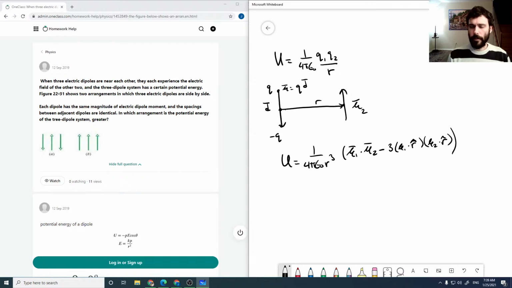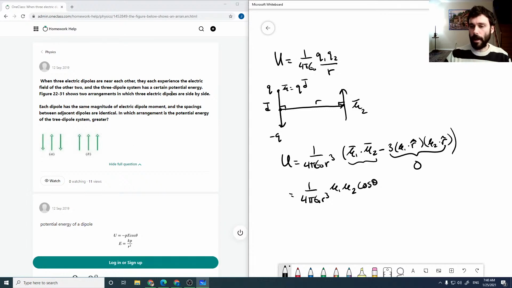Now, if our dipoles are side by side, then they are perpendicular to their R, and so then this term will go to 0. And so we just need to consider, if they're perpendicular as well, then this term will just be 1 over 4 pi epsilon naught R cubed, mu1, mu2, cosine of theta, where theta is the angle between them.